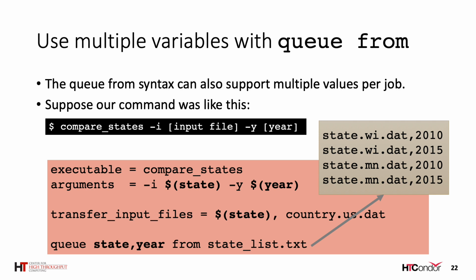And then you can use those different variable names appropriately in the top of the submit file. So here I'm using a variant of my compare states program that takes not just a state input file, but a year. I've created a list of all the combinations I want to run and provided two variables, state and year, and inserted them in the appropriate place in the top part of the submit file.